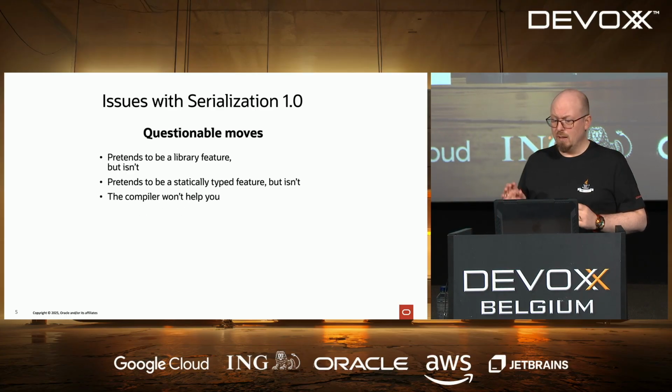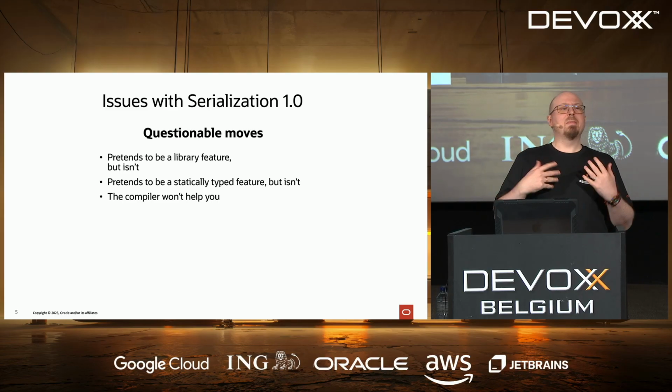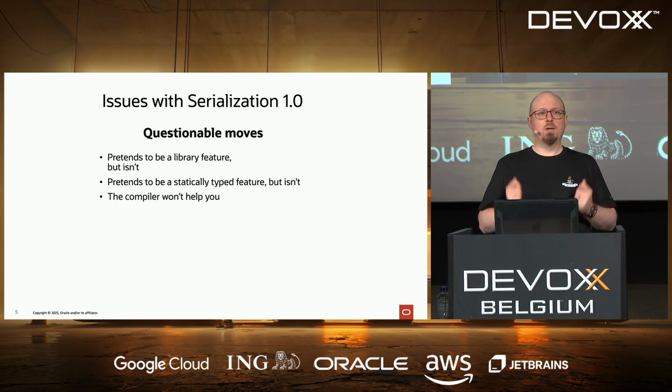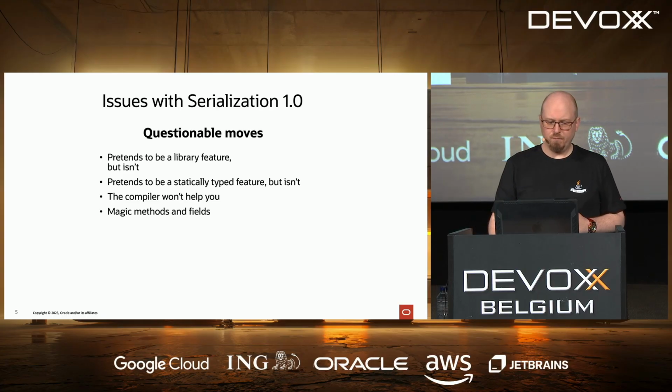So you have these magical methods that you need to implement. And given that they are magical methods and they're not a part of the serializable interface, the compiler won't help you. So you have magical method names with magical signatures that you need to make sure to implement correctly, and the compiler doesn't help you.